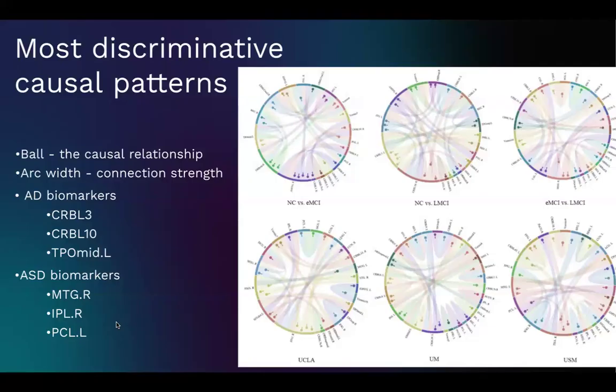What was the question? What is their approach? What is the methodology? How do they use this framework to identify the potential biomarkers of Alzheimer's or ASD? Yeah, I think the main thing they're doing is just looking at group differences between these causal representations.